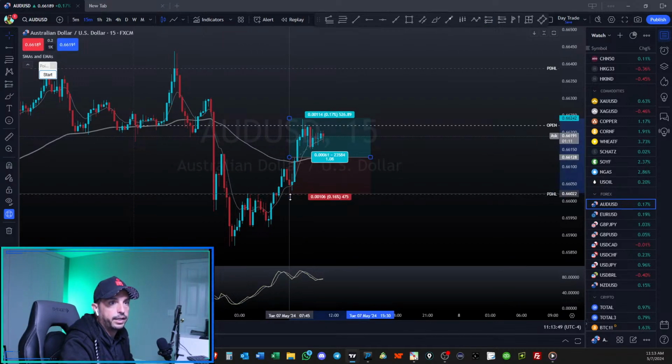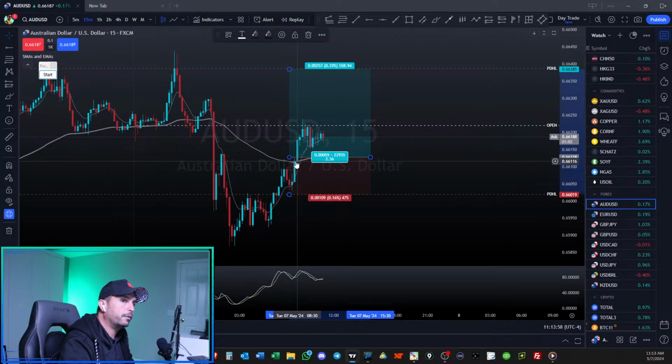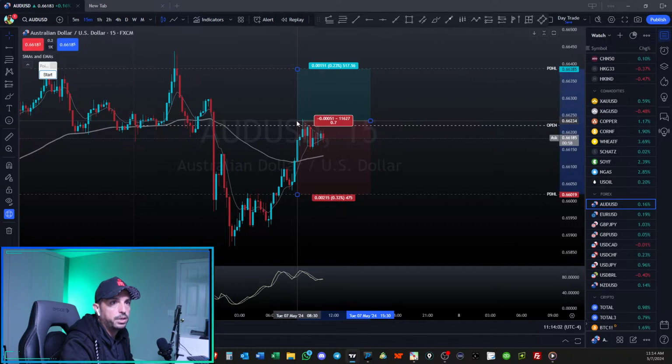Here's a nice entry right there, long right there. I don't know if you're already in the position. Stop right here, target right there, that's 2.5. You're already in profit if you entered early here from the 80. If you didn't, and you're waiting, that would be maybe an entry here, stop below here.